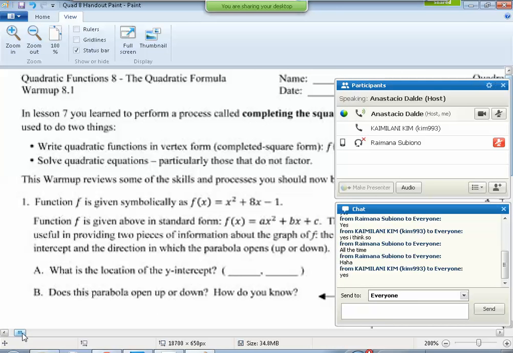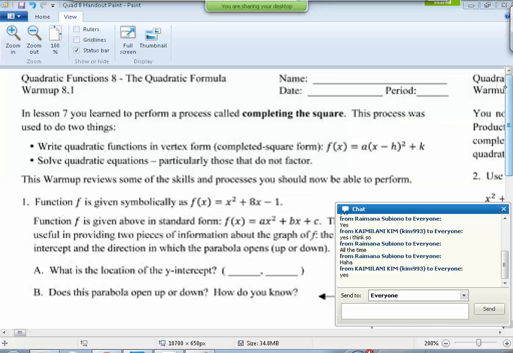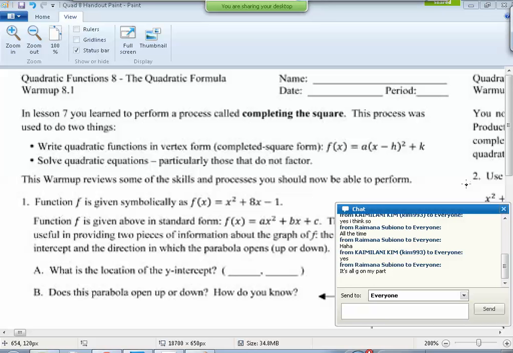Okay. All right. So what we're going to do is we're going to look at this function right here. I want to try graphing that. So write that down: x squared plus 8x minus 1. All right. This is a warm up, and I know that you guys have been on break, so let's just kind of think about it.